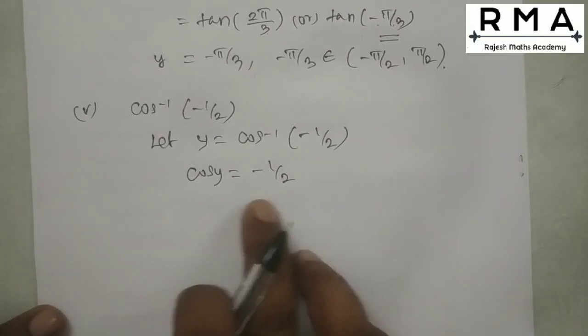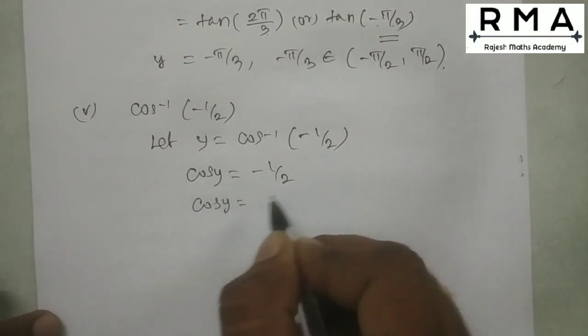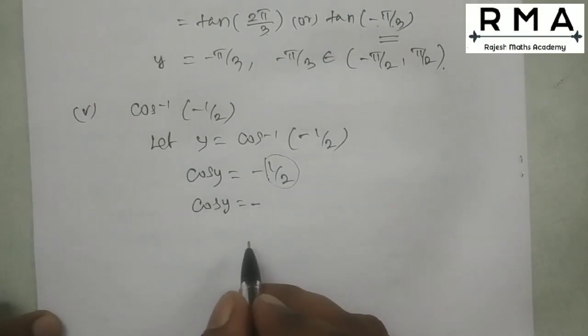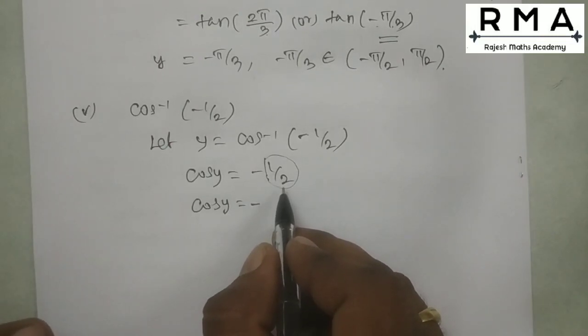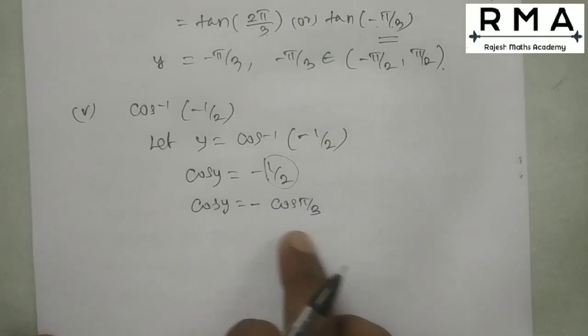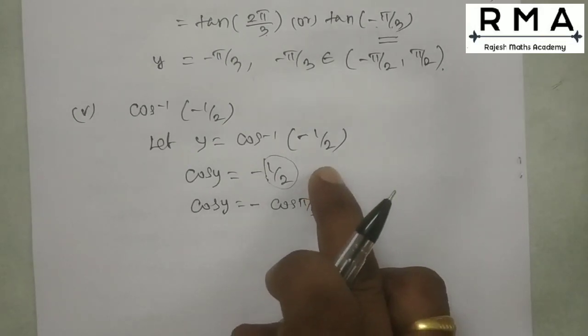As earlier we have done, the negative symbol we have to leave and only consider the 1 by 2. When cos will take 1 by 2, that is 60 degree. So we have pi by 3, cos of pi by 3, that is cos 60 degree, it will take 1 by 2.